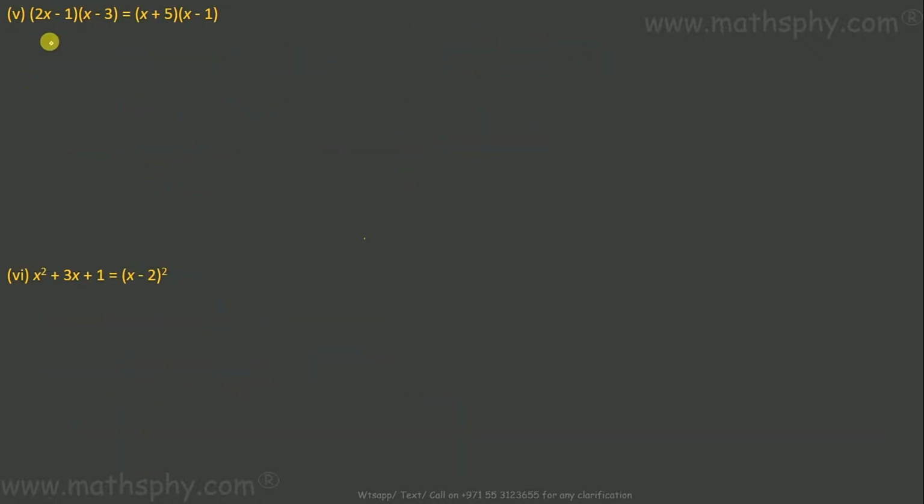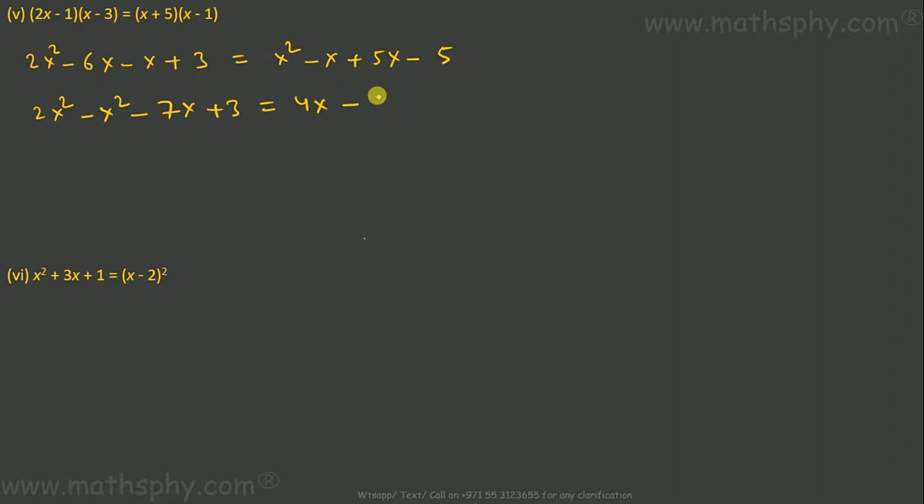This one here: 2x minus 1 into x minus 3. This will be 2x squared minus 6x minus x plus 3 equals to x into x squared, x into negative 1 minus x plus 5x minus 5. So 2x squared minus x squared, minus 6x minus x, minus 7x, plus 3 equals to negative x plus 5x, 4x minus 5.